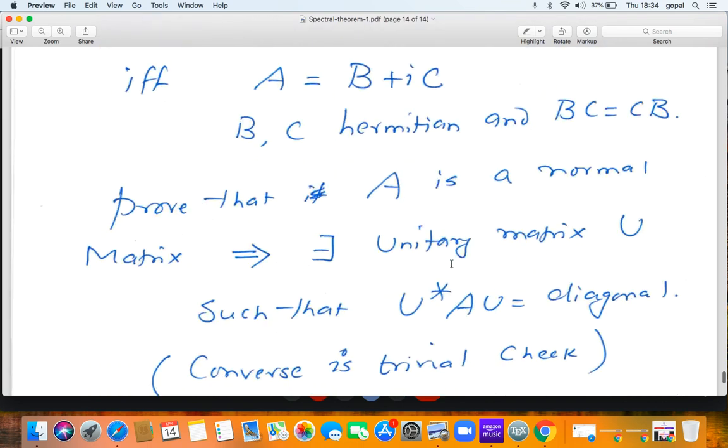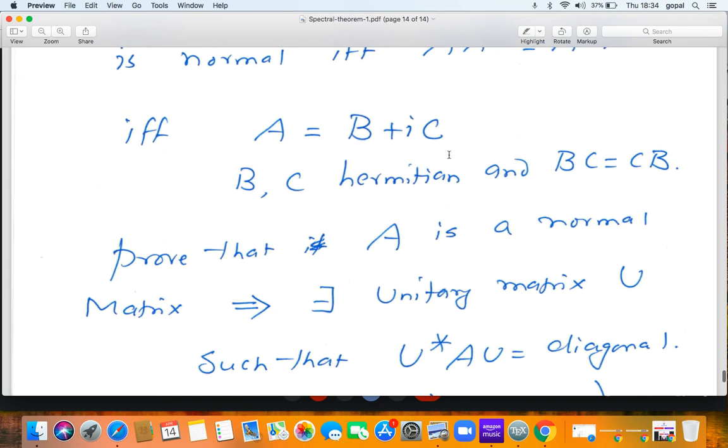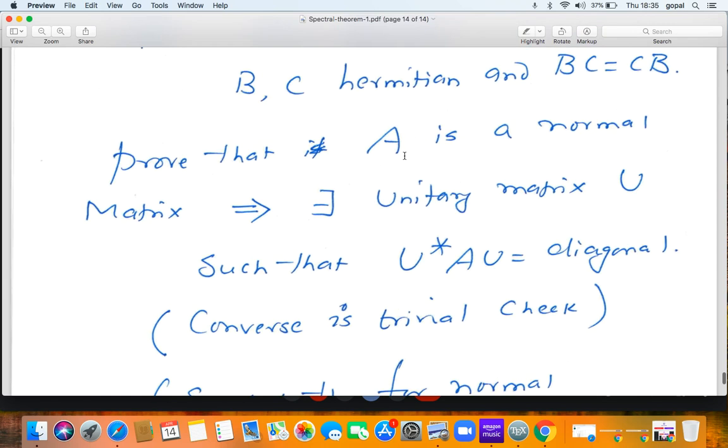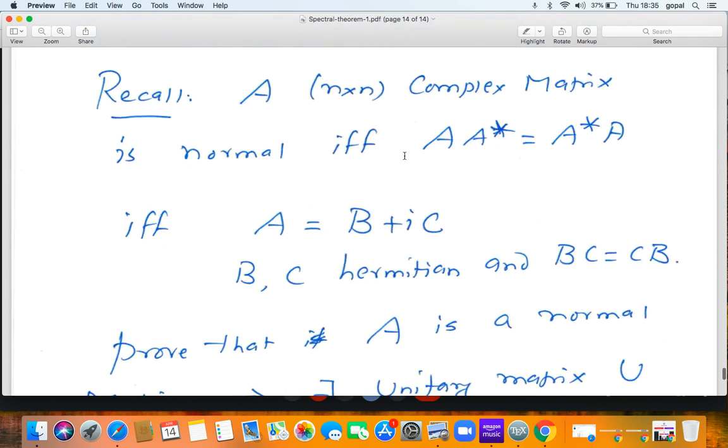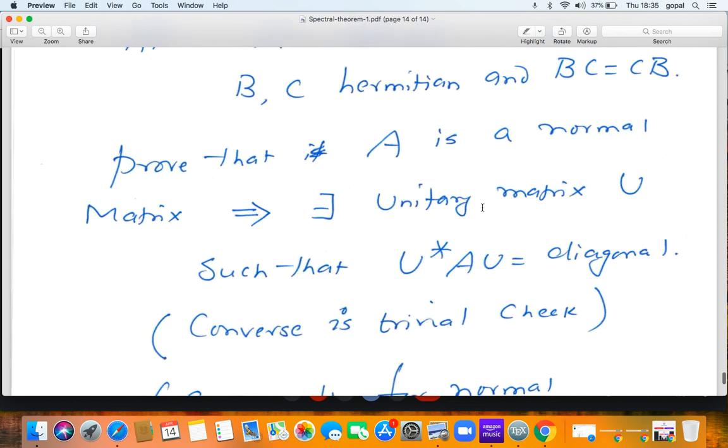Now, because B and C are commuting Hermitian matrices, I can find a unitary matrix U such that U star BU and U star CU are diagonal. And so therefore U star AU is going to be diagonal. So given a normal matrix A, I can find a unitary matrix U such that U star AU is diagonal.